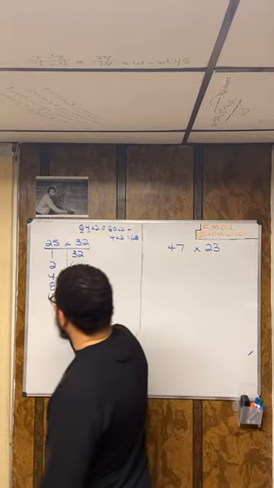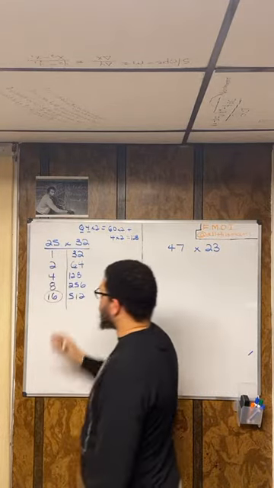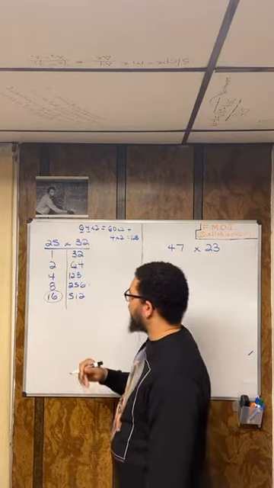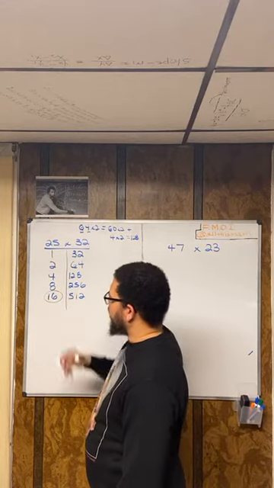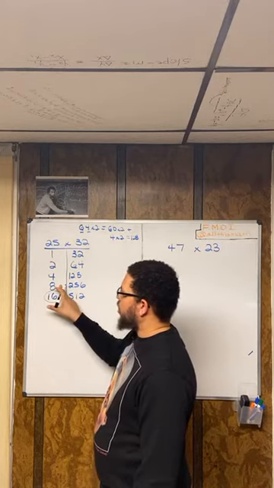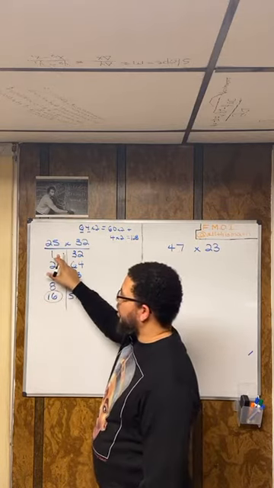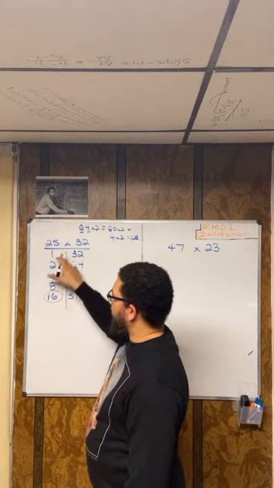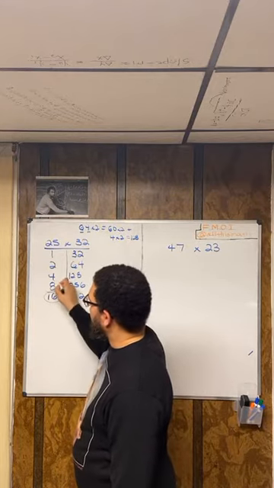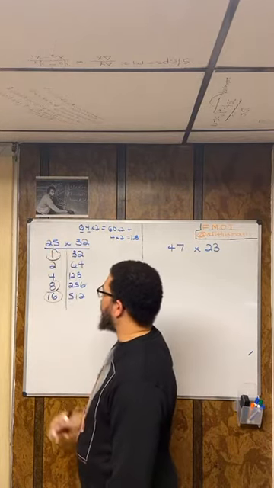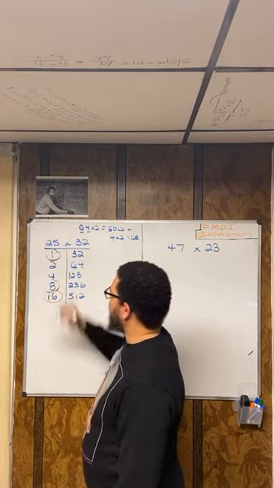I know 16 is going to be one of the numbers used to add up to 25. And then I say, okay, what if I add 8 to 16? That's going to give me 24. And then how many more do I need to add to get 25? Just 1. So 16, 8, and 1 will add up to 25.